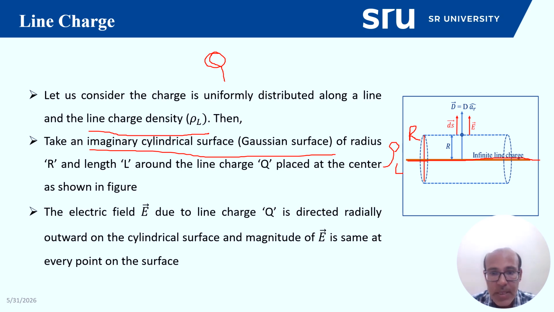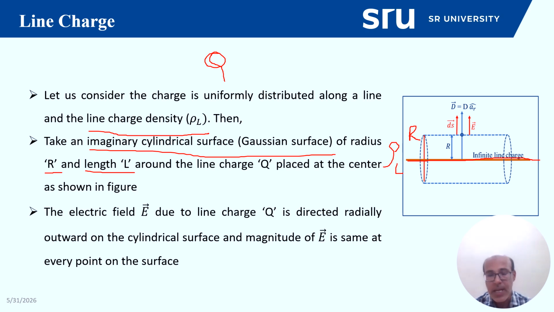Let L be the length of the cylinder and R the radius. So L is the length of the cylindrical Gaussian surface and R is its radius, and the line charge is present exactly at the center of it.